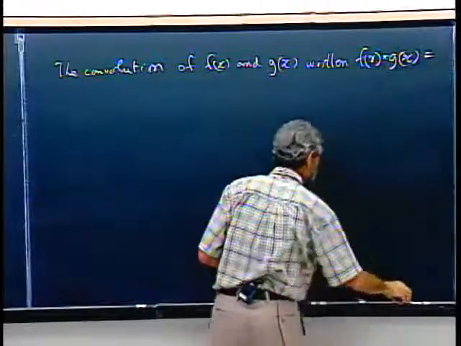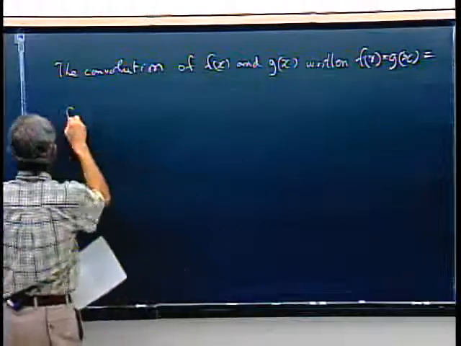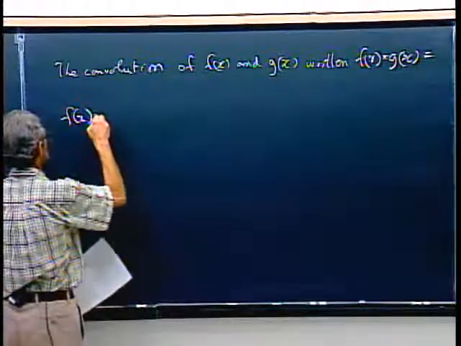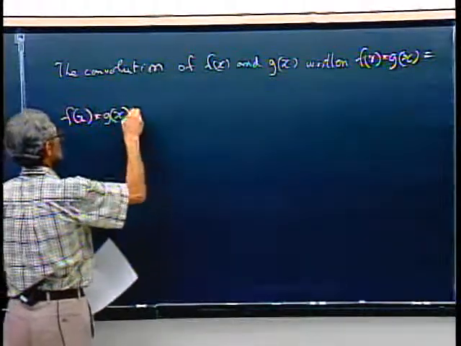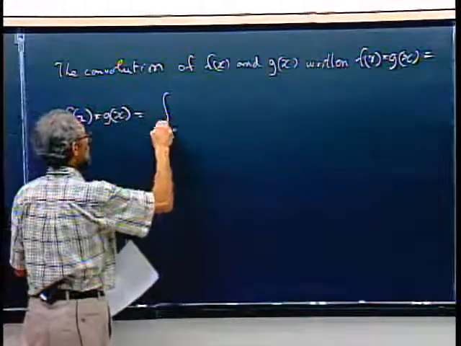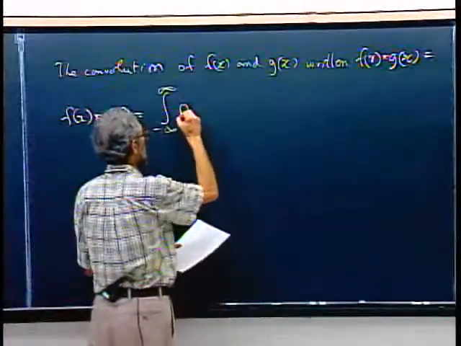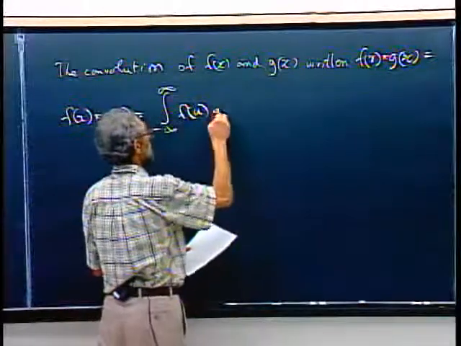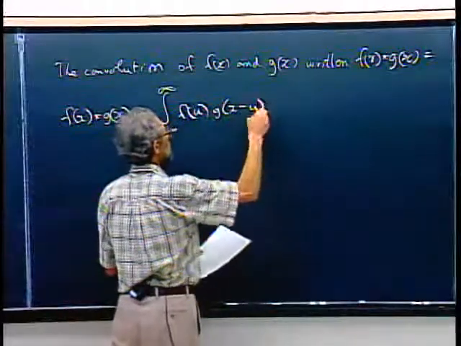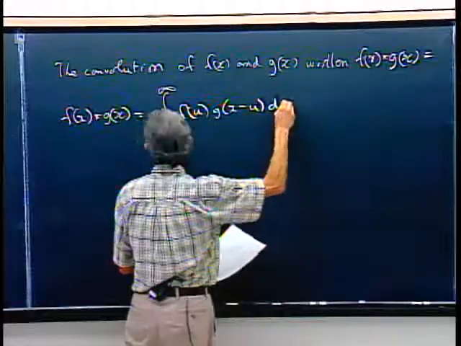And what it is, let me write it over here, f of x star g of x is the integral from minus infinity to infinity of f of u g of x minus u du.